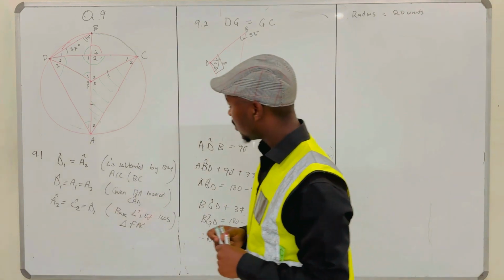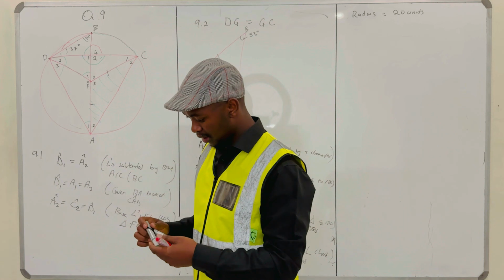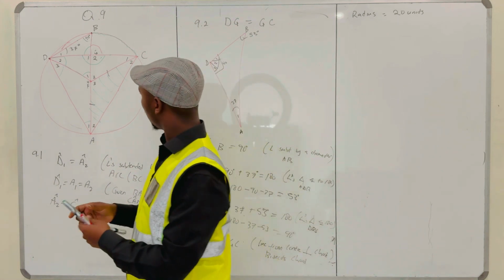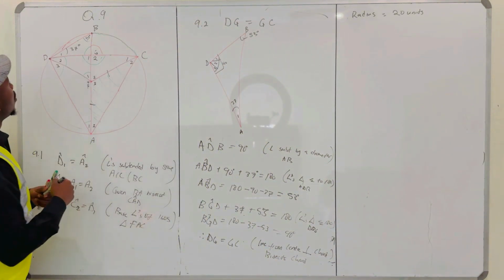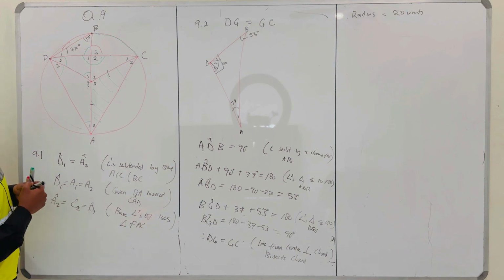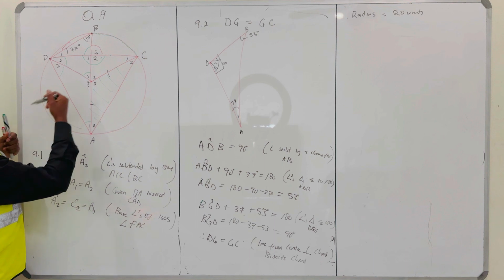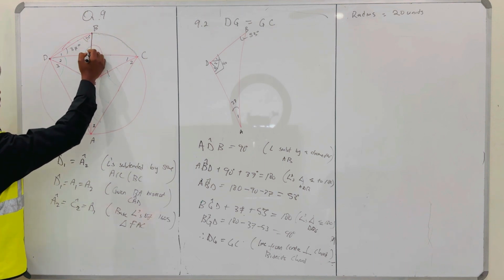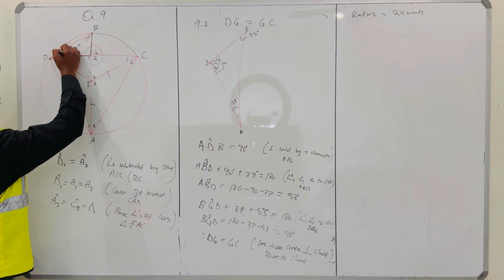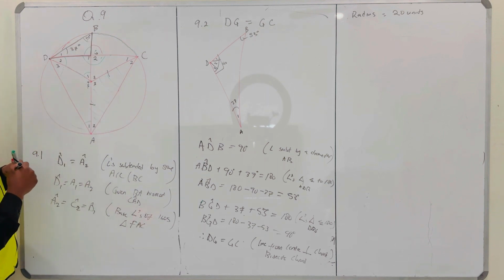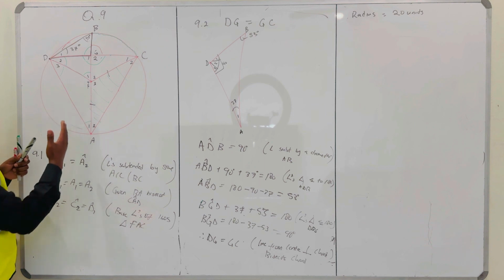Let me say this. BG is in this triangle here. But also BG forms part of a radius.